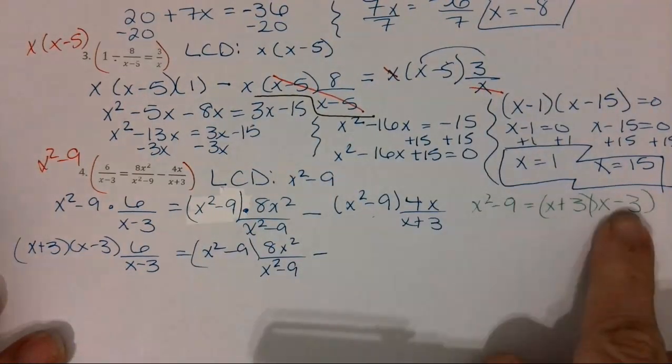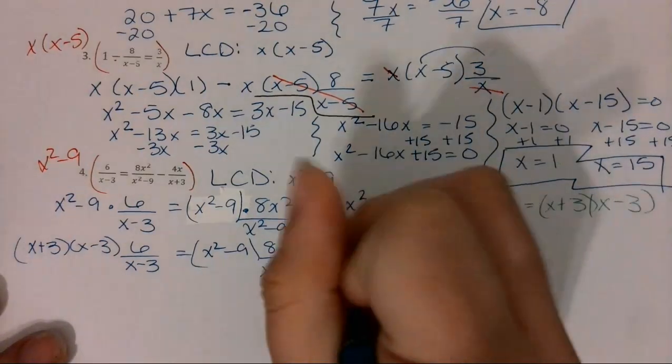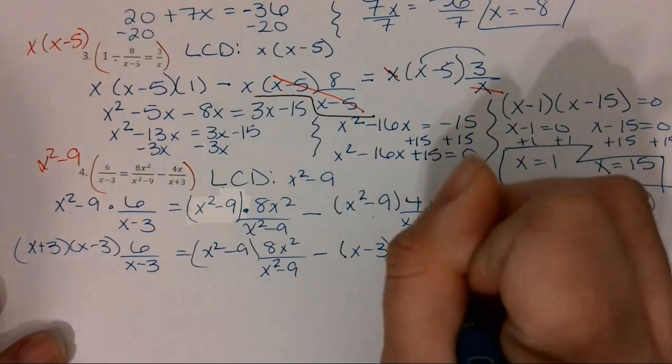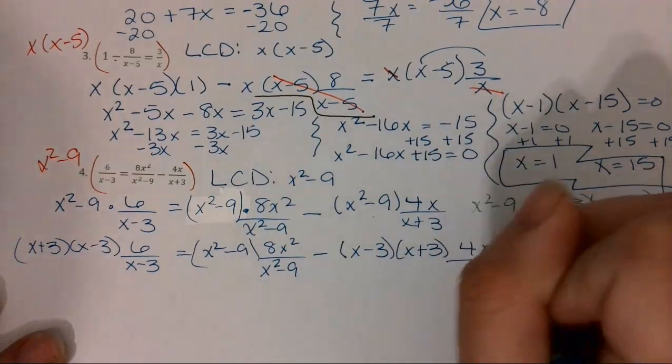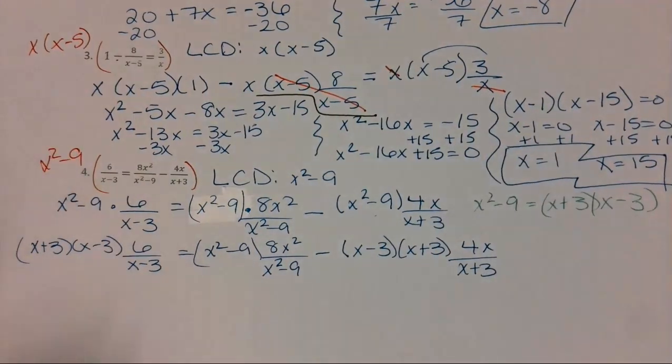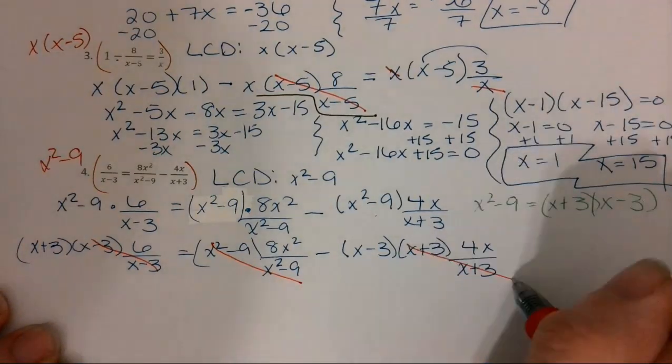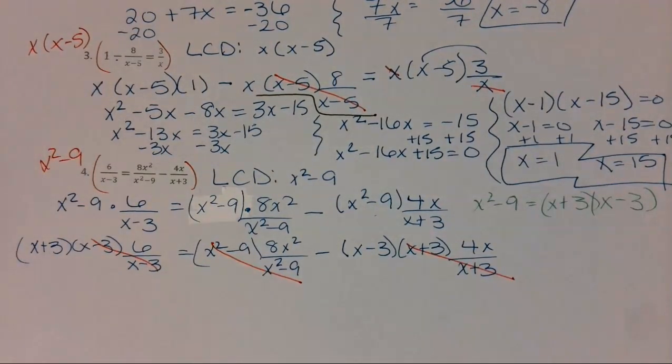Over here, I'm going to separate them because I needed to turn it back into that x plus 3. Okay. Then I want to cancel out what I have on the top and bottom. So over here, it's the x minus 3. Over here, it's the x squared minus 9. And over here, it's the x plus 3.